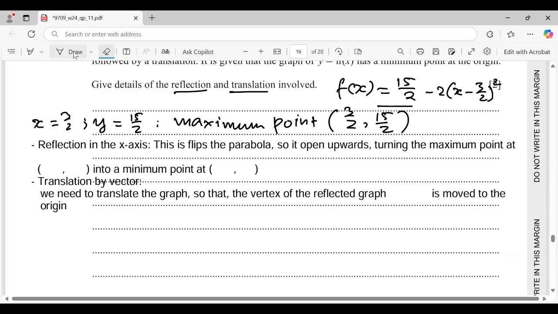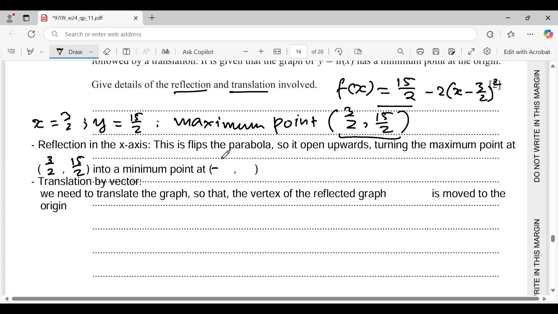Okay. So the reflection in the x-axis flips the parabola. The parabola opening upward, turning the maximum point at (3/2, 15/2) into a minimum point.